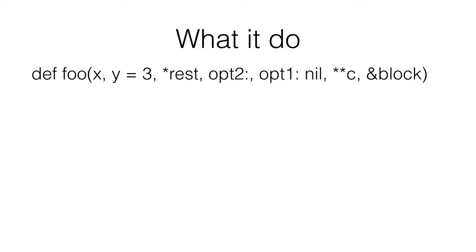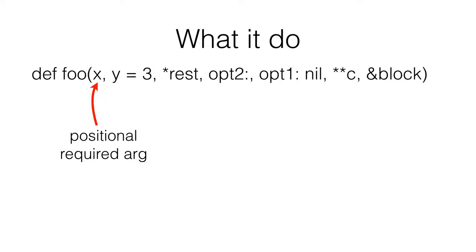So we begin with making it clear what KWargs is, how it works, what it does. Here is an example of a Ruby function declaration and all of the possible ways of providing or declaring the arguments to that function.